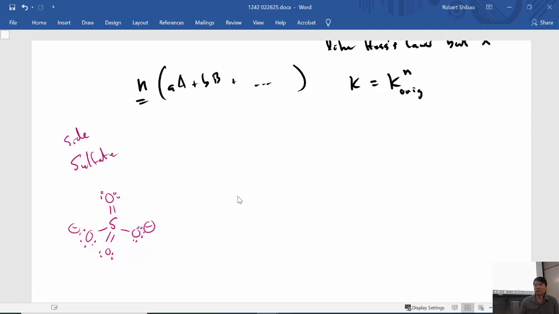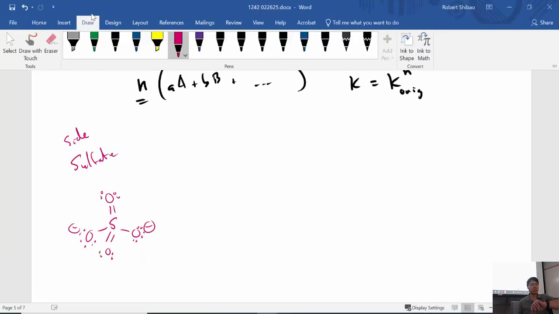How many resonance forms can you draw for sulfate? Well, I don't want to spend too much time talking about 1A stuff.